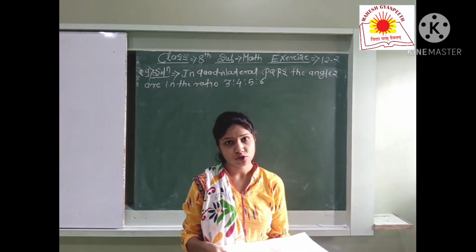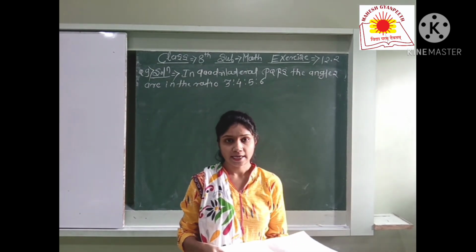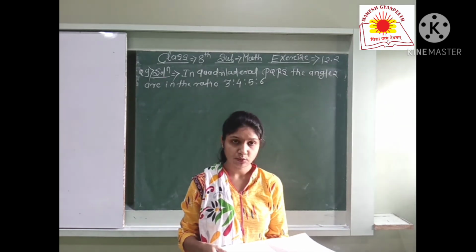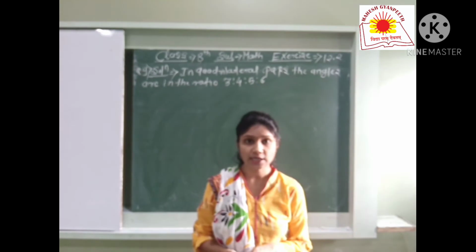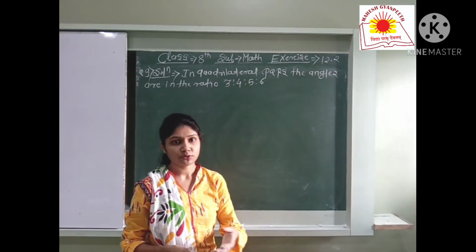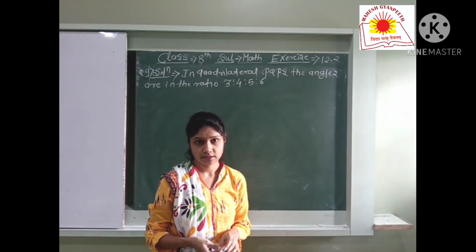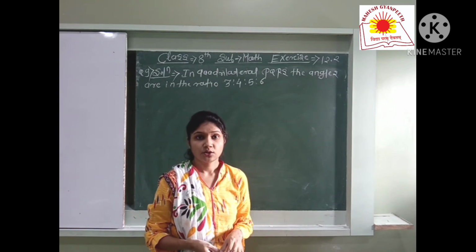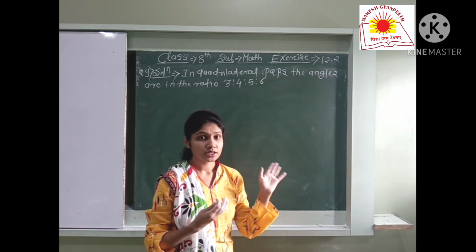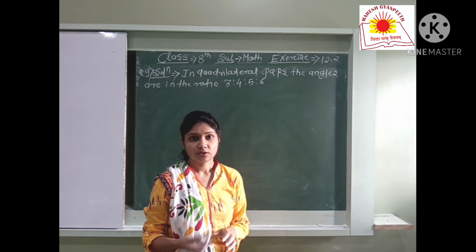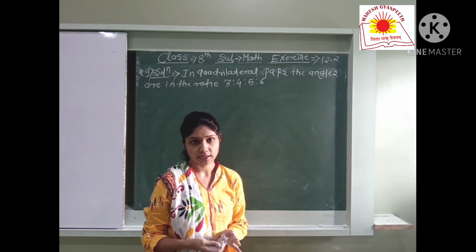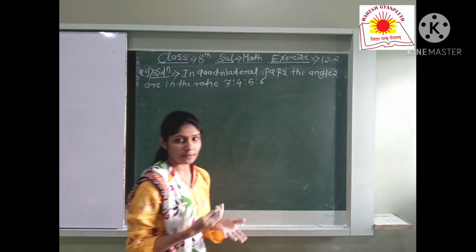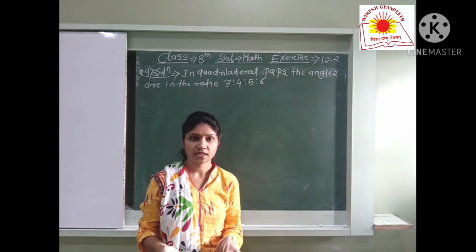Find the measures of the angles of PQRS, and what is the special name of the PQRS. After finding their measures, you have to find out what is the special name of this given quadrilateral. It may be a trapezium, a square, or a rectangle, whatever.